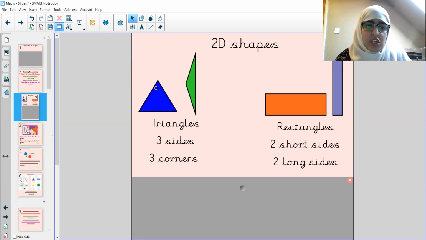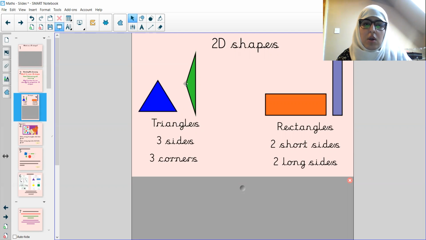Both of these shapes have three sides. So one side, two, and three. If you look at this shape here, 1, 2, and 3. So they both have three sides, and let's see the corners. 1 corner, 2, and 3.